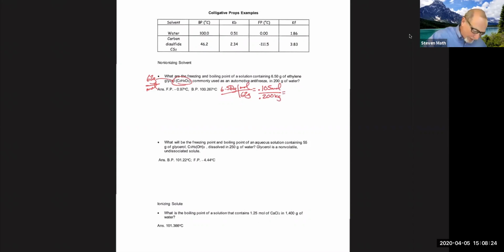So my molality ends up being 0.525 molal. I just took that 200 grams and turned it into kilograms, 0.2 kilograms.